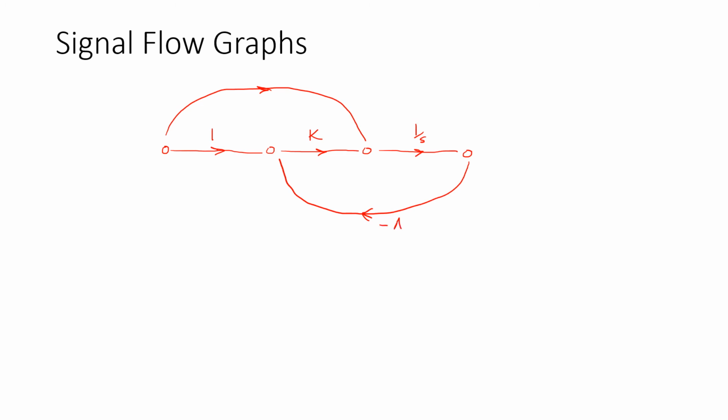Let's say it is with the negative A gain, and this is with the positive B gain, something like that. In that sense, you can start from the input node and go all the way to the output node, and then construct the transfer function, which is output over input, using a specific formula called Mason's formula or Mason's rule.